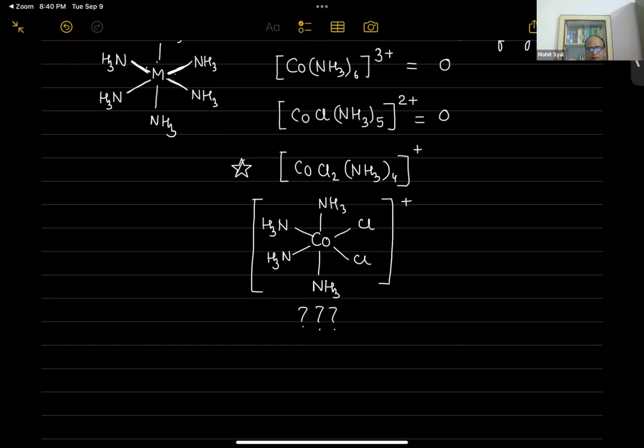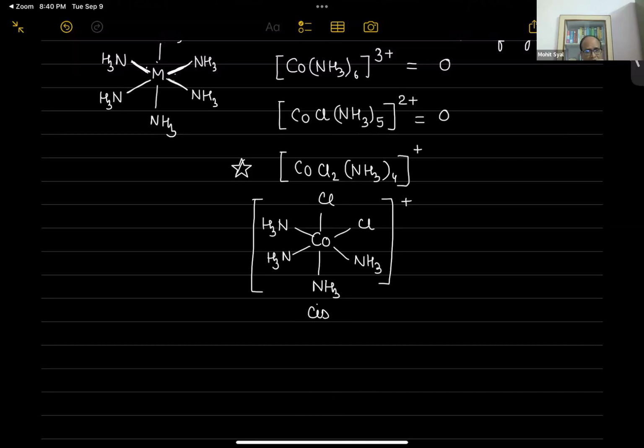So cis, because the Cl are 90 degrees apart. Yes, 90 degrees, that is cis. Normally, this is the way to represent cis. But there are other ways also. For example, this is also cis.